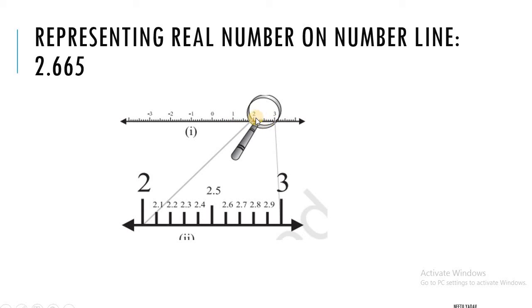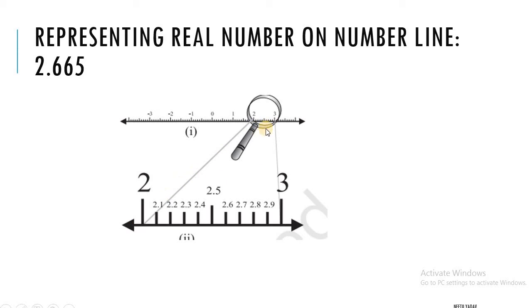So just follow the procedure, and you have to draw this diagram also in your answer sheet for doing the same type of questions. So first of all, we need to express 2.6. So if I am putting a magnified glass here, what will happen?